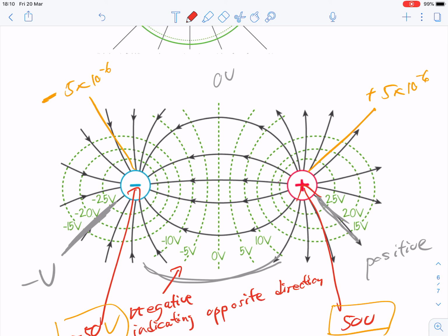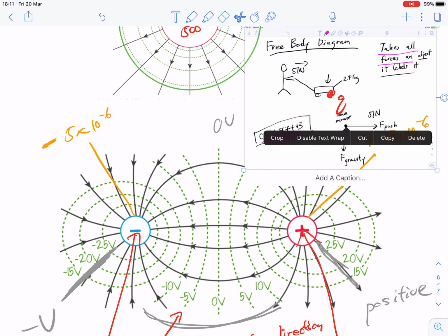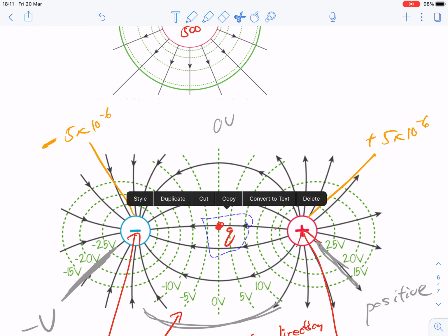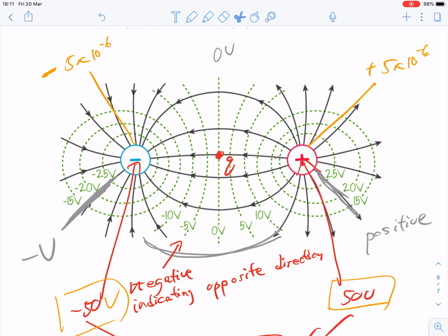And so as a charge moves through this, I'm going to have to draw that outside of this. As the charge moves through from this point all the way over here, it can reach a point where the voltage is considered zero. And the reason happens because there's two opposing charges.